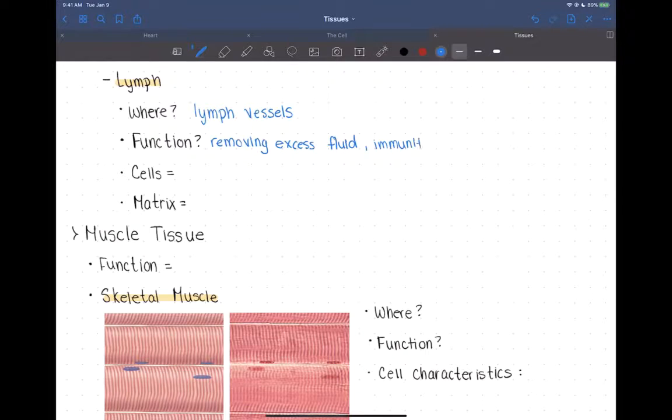Lymph is very highly monitored by the immune system, and one cell that you can find in lymph is white blood cells. With lymph, there are no fibers. None of the fibers from blood that are present during clotting end up in lymph. Really, it's mostly just water. There are some ions and stuff like that, but not much else.